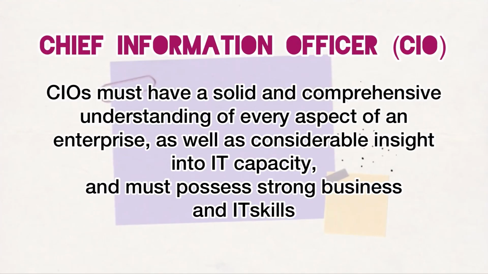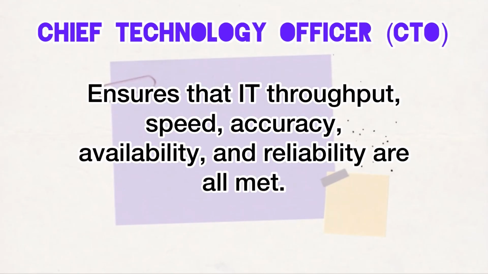So first, the CIO must have a solid and comprehensive understanding of every aspect of an enterprise, as well as considerable insight into IT capacity, and must possess strong business and IT skills. And the CTO, Chief Technology Officer, must ensure that IT throughput, speed, accuracy, availability, and reliability are all met.